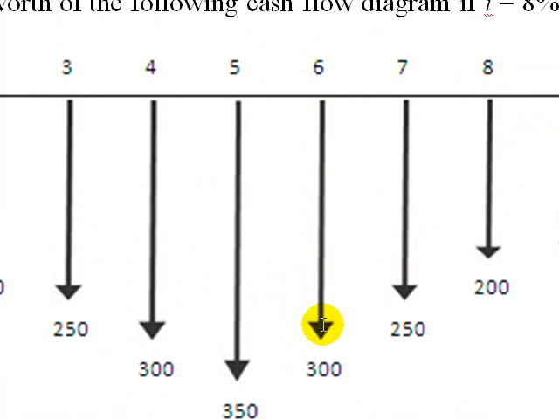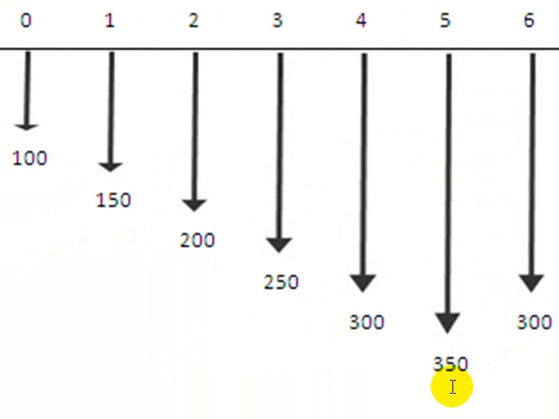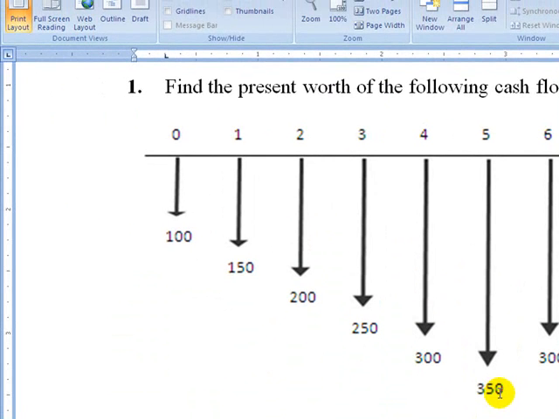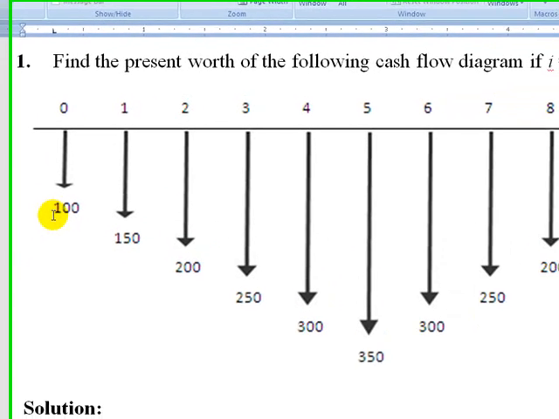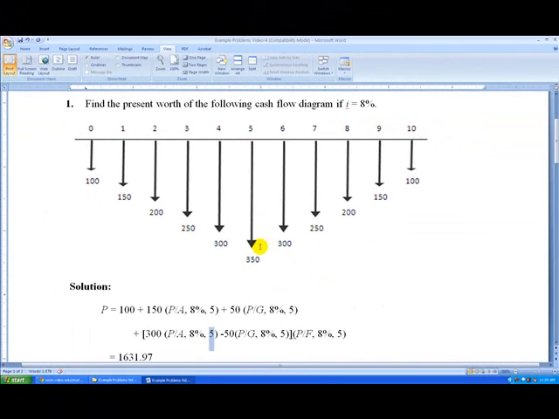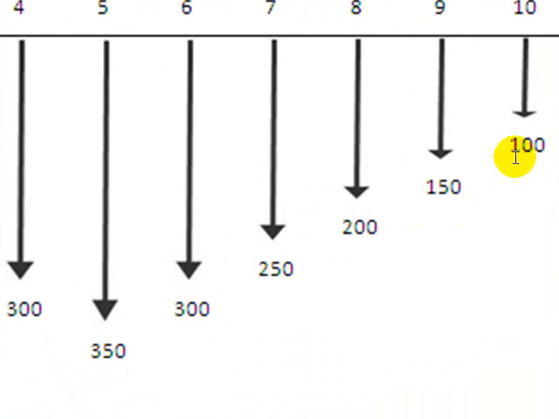So this 5 years means we are calculating the present value at the end of year 5, because we are only talking about the second half of the diagram. If we want to calculate the present worth of that cash flow at year 0, we will do that afterwards, but right now we are bringing all these cash flows to their value at the end of year 5.